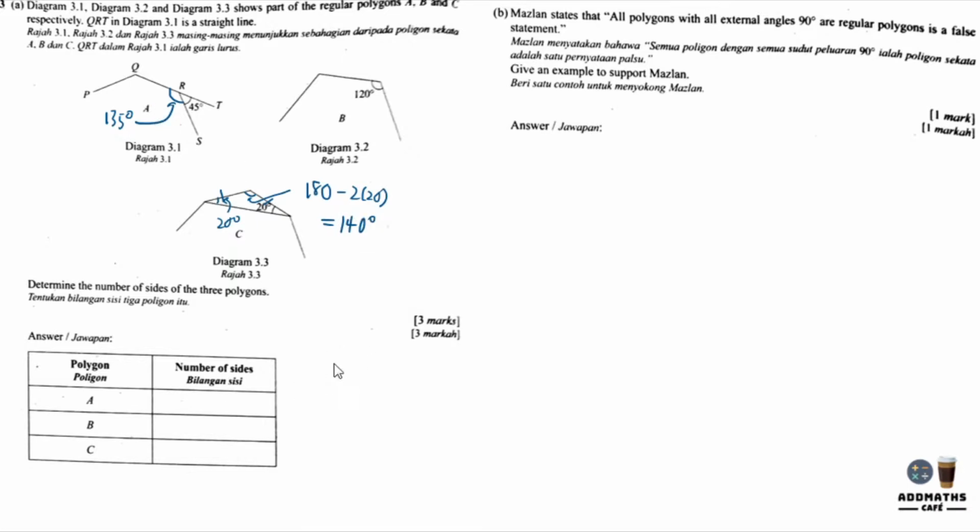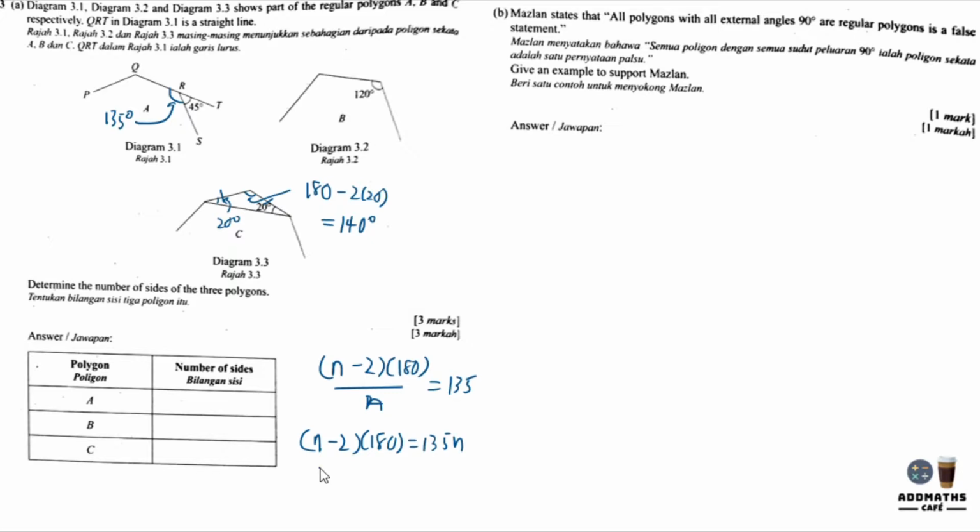Polygon A, to find the number of sides, we use n minus 2, alright, times 180, divide by n, you get 135. So in this case, we do not know what n is, alright, n minus 2 times 180 equal to 135n.